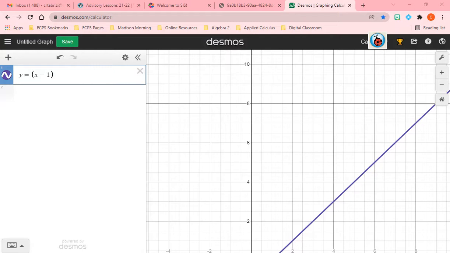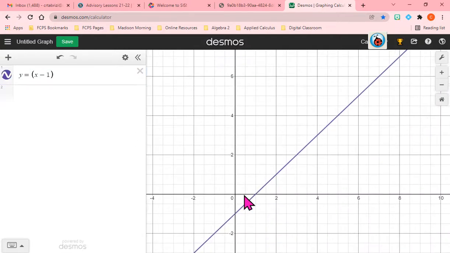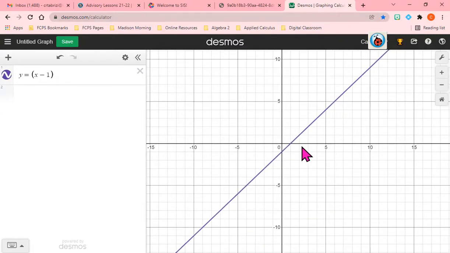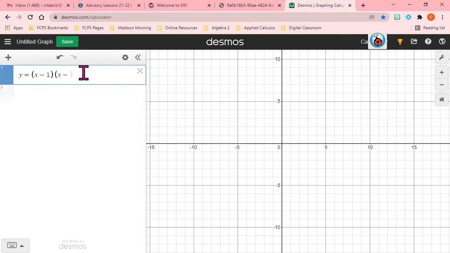All right, so what we're going to do next is look at actually creating the graph. So let's see if I can, there we go. What I did is I put one factor up here, and I'm going to add the other factors. So pause where you're at. And we're going to look here, x minus 3.